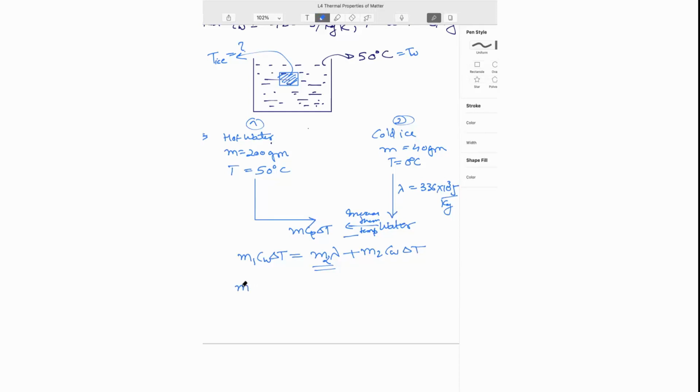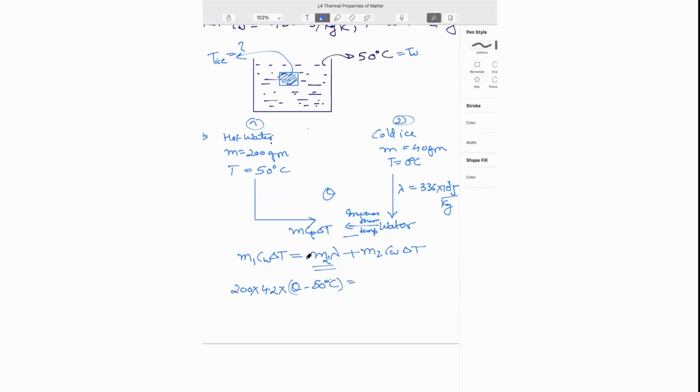So m1 is 200, 200 into 4.2, if it's in gram, into delta T. Consider the final temperature of the mixture to be theta. So 50 minus theta is equal to m2 lambda.